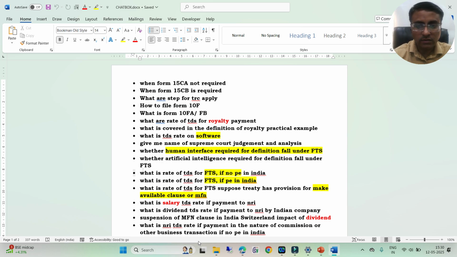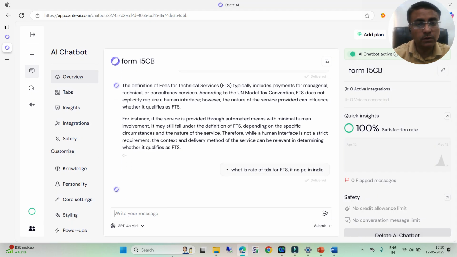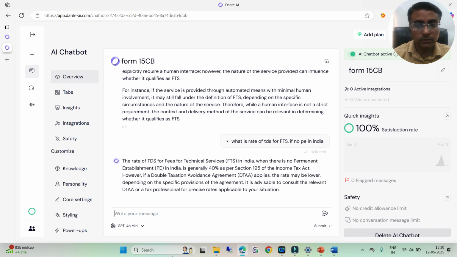So what is the TDS rate if you are paying FTS to an entity that does not have a permanent establishment? Normally, if you are making payment to an entity having a permanent establishment, TDS is required to be deducted on the net amount at 40%, since you are paying a foreign company.